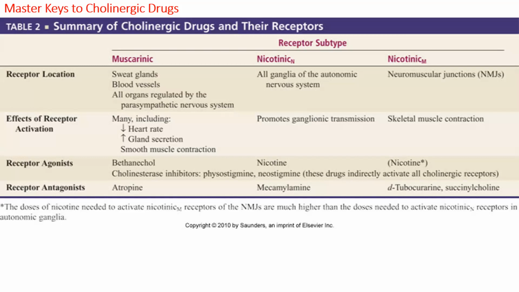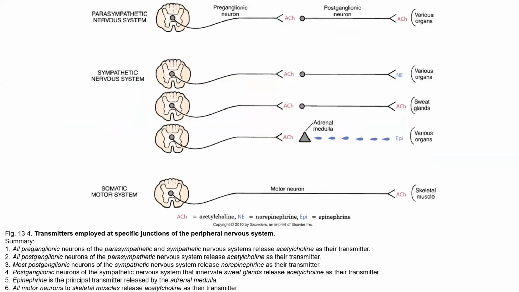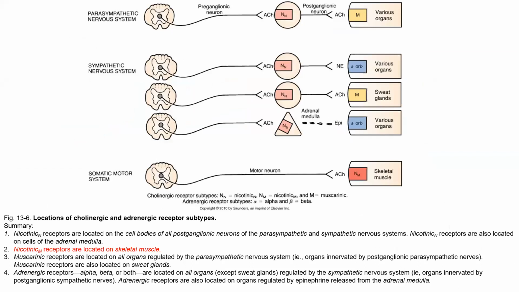Maybe this slide is better to explain the difference between cholinergic receptors and adrenergic receptors. The nicotinic N receptors, nicotinic M receptors, and M, which is muscarinic receptors, belong to what is called cholinergic receptors. These are subtypes of cholinergic receptors.